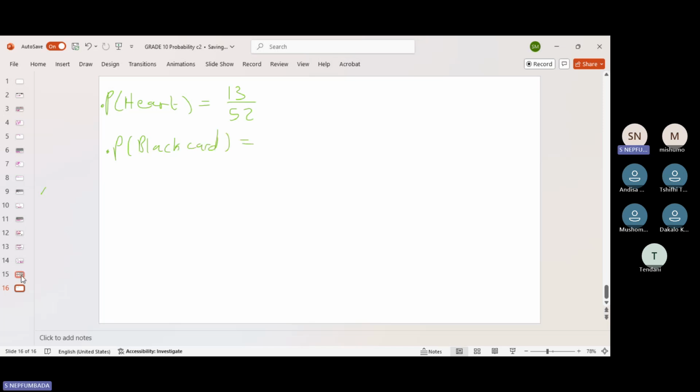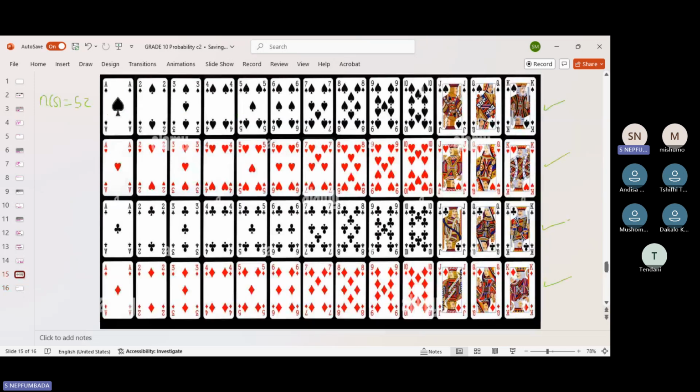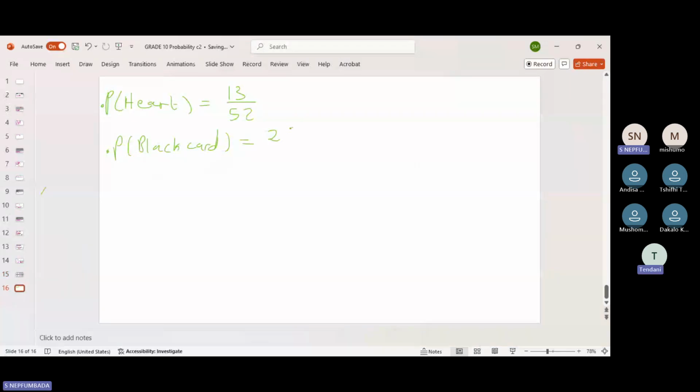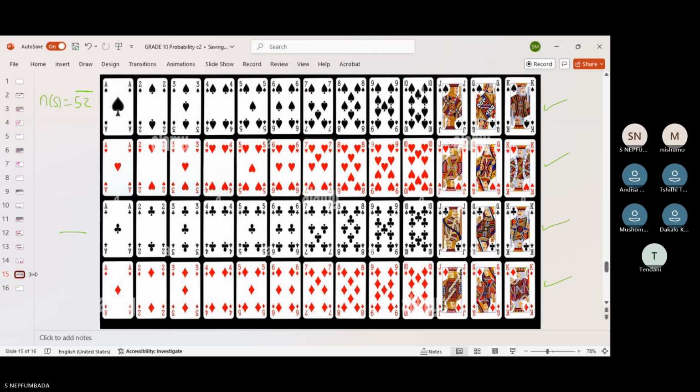How many black cards do we have? We have 13 plus 13, those two suits are black. So we have 26 over 52. Did you get it?